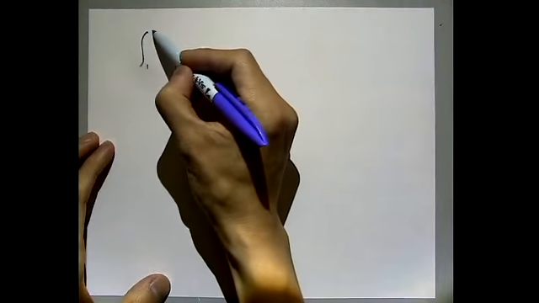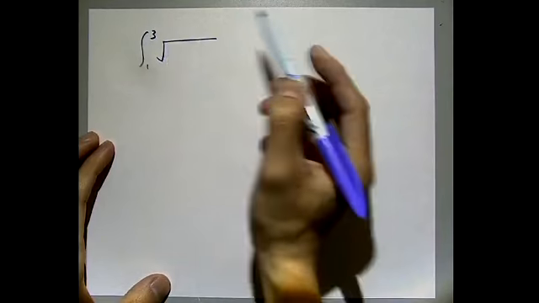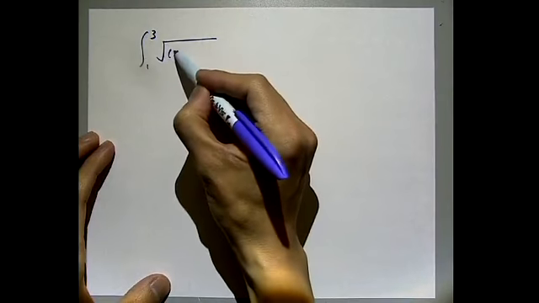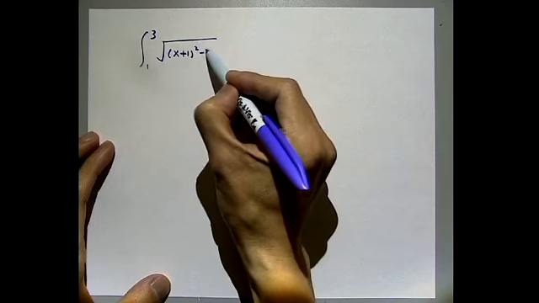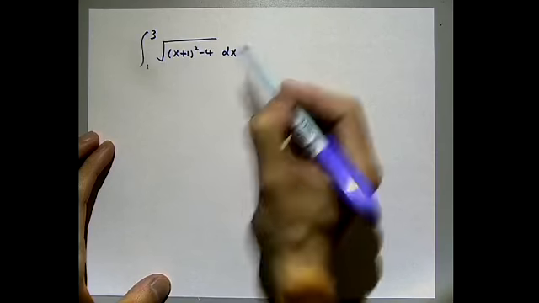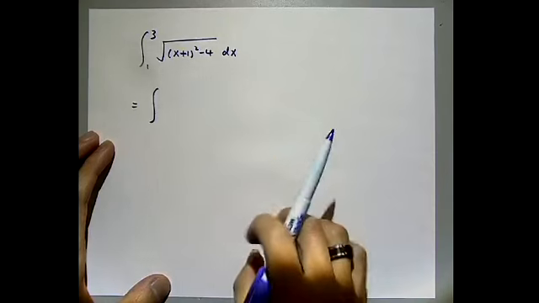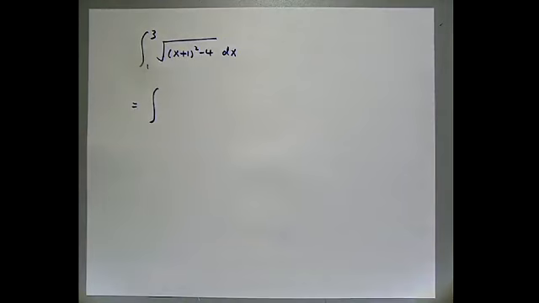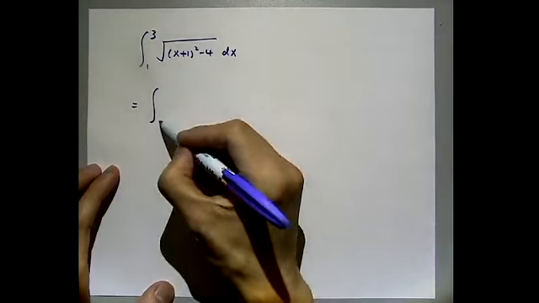Okay, now we can finally integrate this thing. So 1 to 3 turns into 0 to pi over 3.